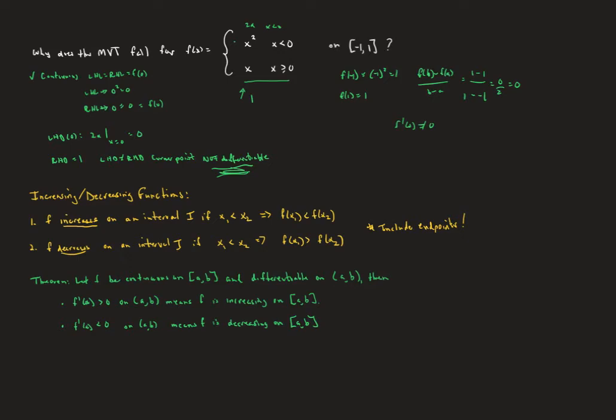Okay, so our definition here for increasing and decreasing functions, and notice that it's a condition on an interval. Sometimes we get a little bit careless and we talk about whether a function is increasing or decreasing at a point, but it's really a property of an interval.